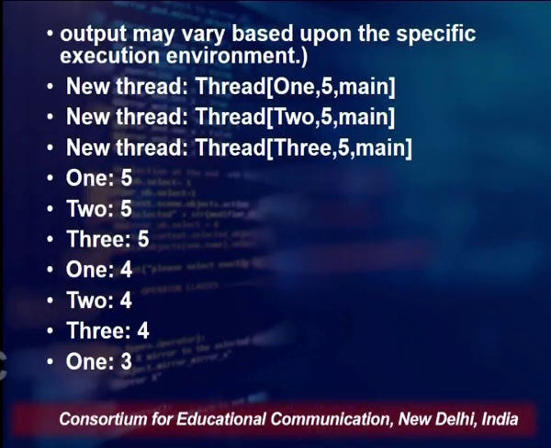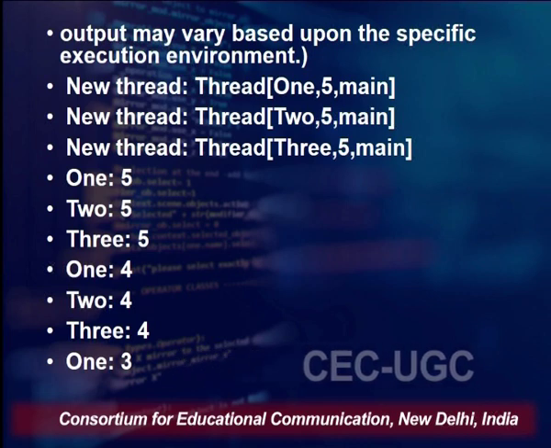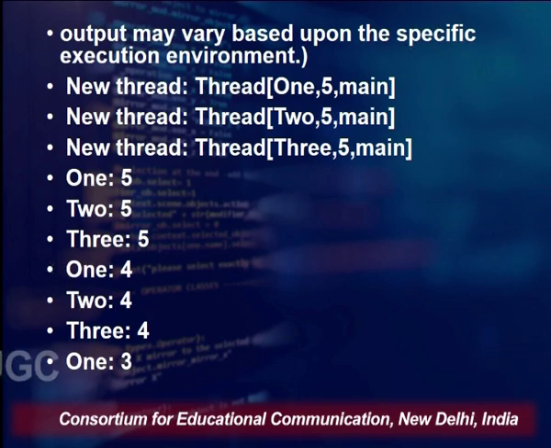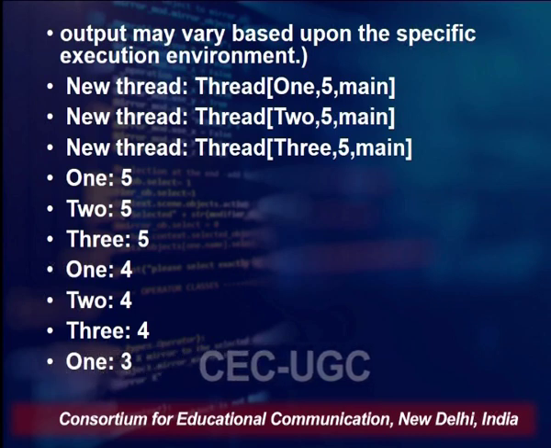And again, a disclaimer that the output may vary, or the output will definitely vary based upon the specific execution environment. Even on the same machine, if you try to run this particular program multiple times, it may give you different outputs every time.